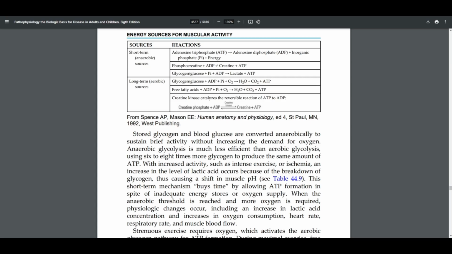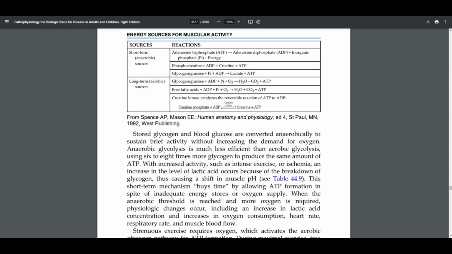With increased activity, such as intense exercise or ischemia, an increase in the level of lactic acid occurs because of the breakdown of glycogen, thus causing a shift in muscle pH. This short-term mechanism buys time by allowing ATP formation in spite of inadequate energy stores or oxygen supply.